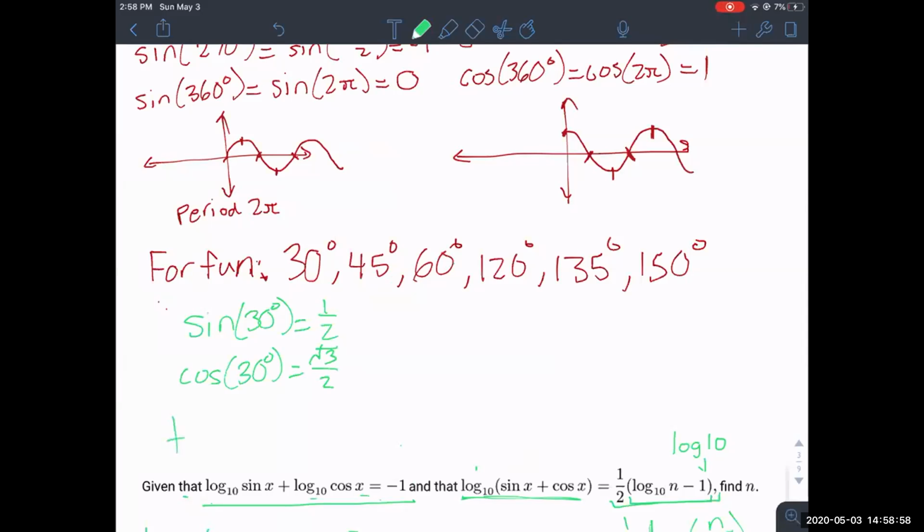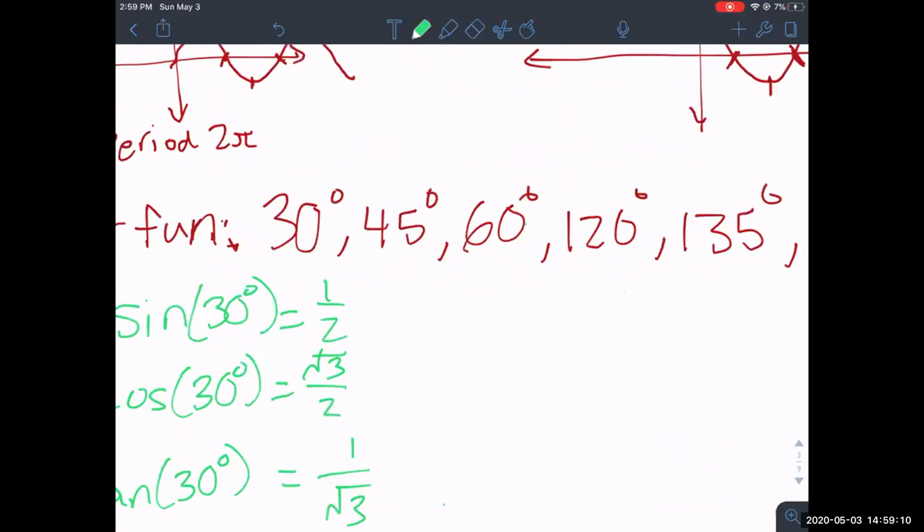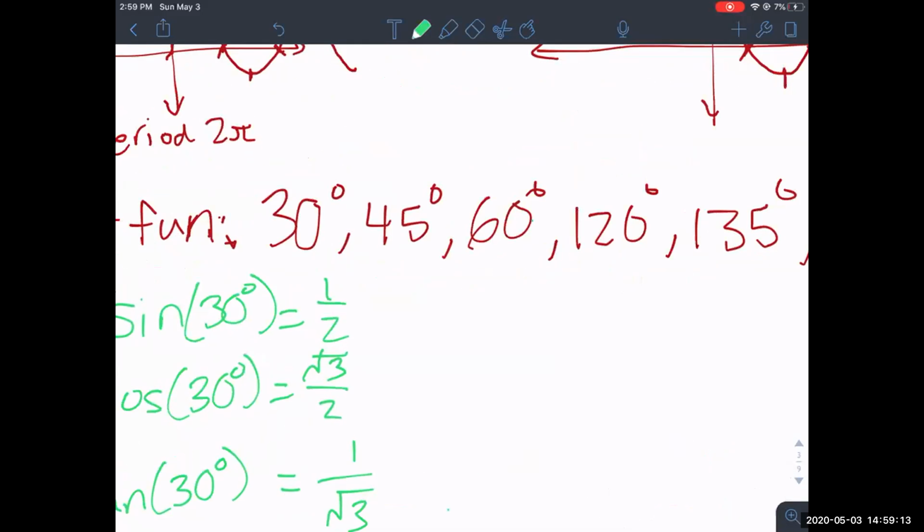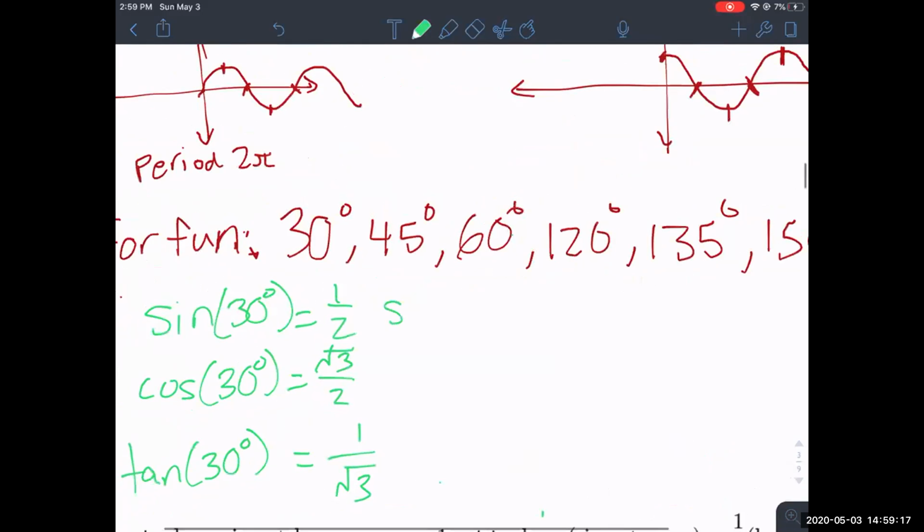And then tangent 30 is equal to 1 over the square root of 3. Then sine 45 is equal to square root of 2 over 2, and cosine is actually equal to the same thing.